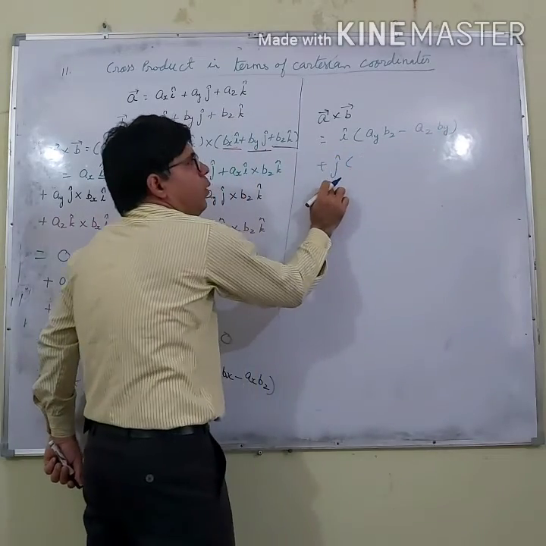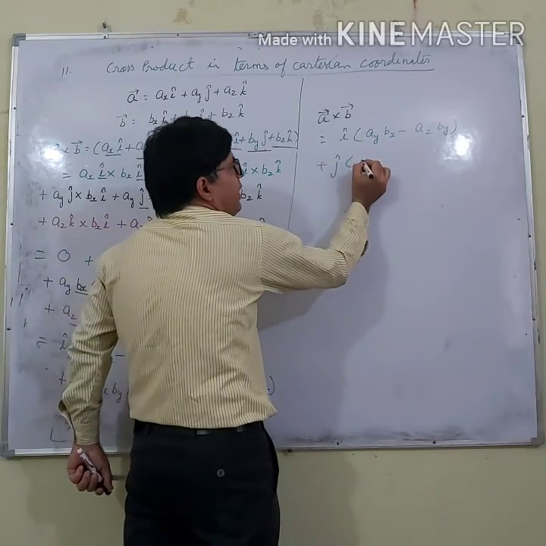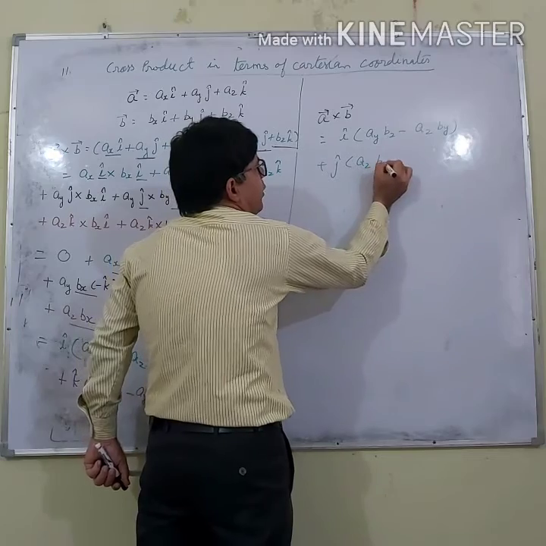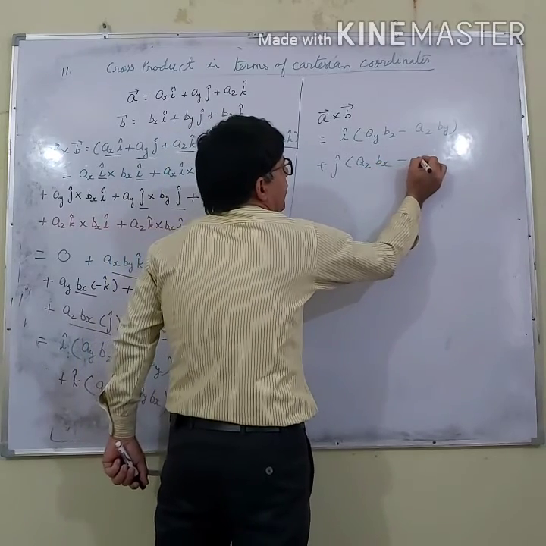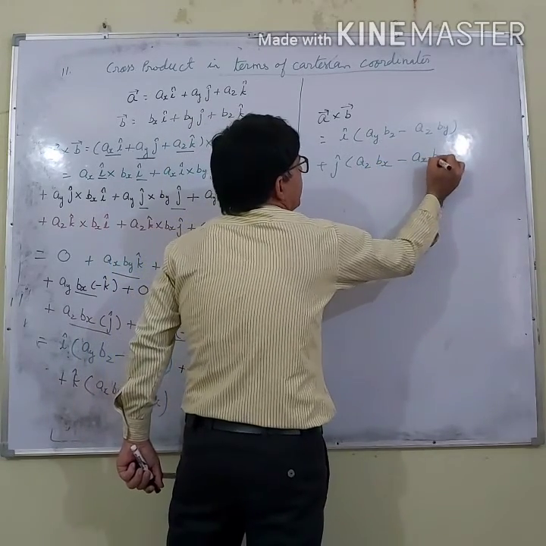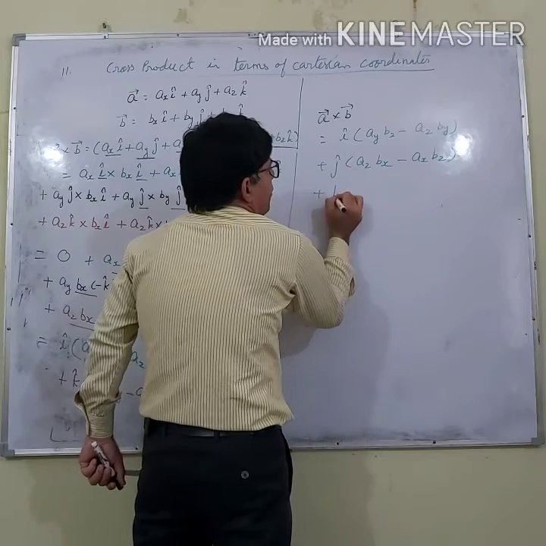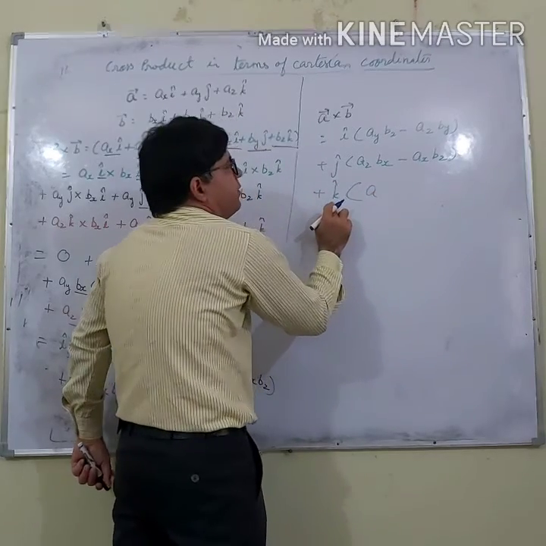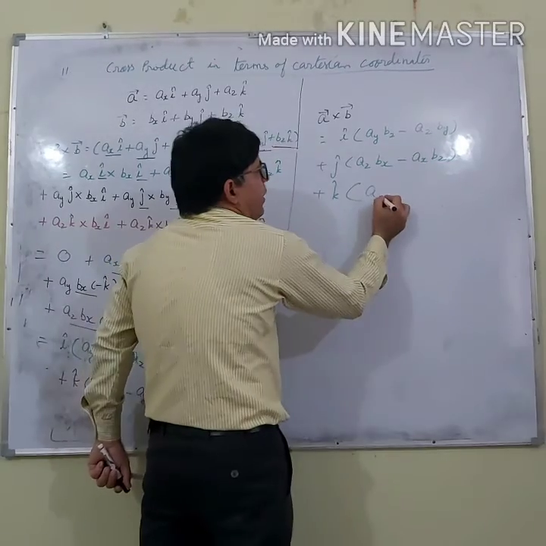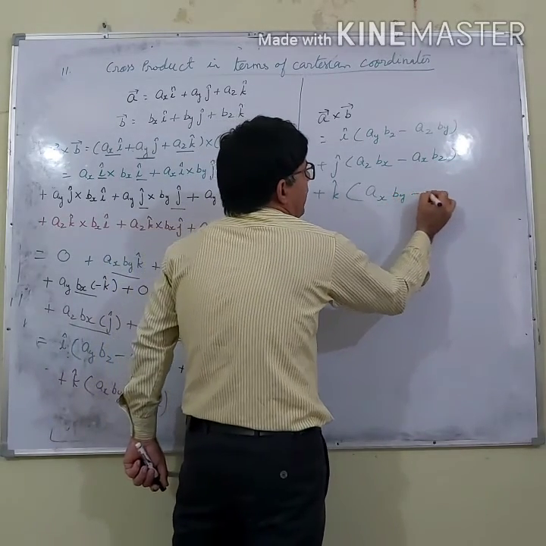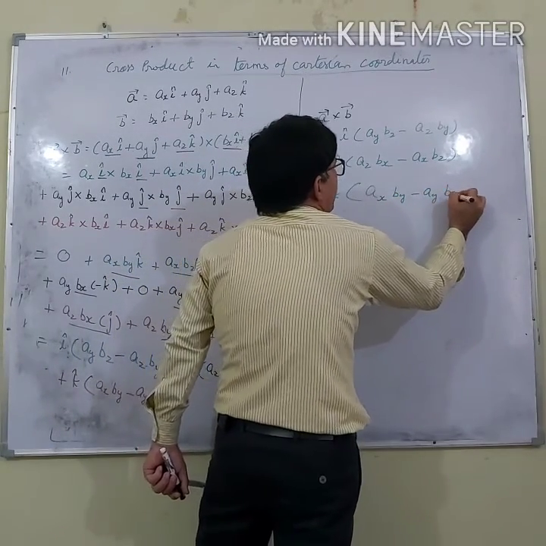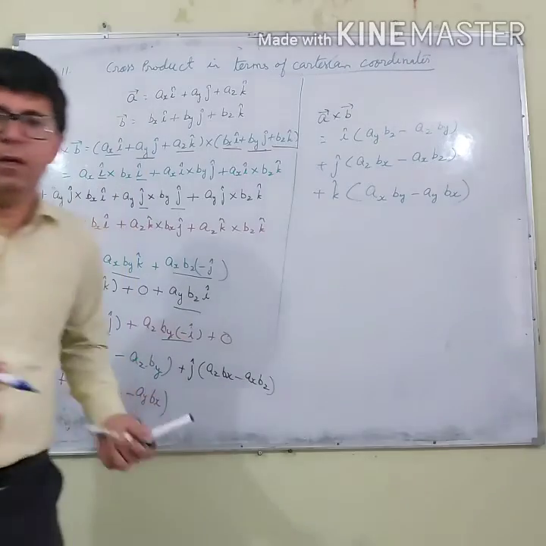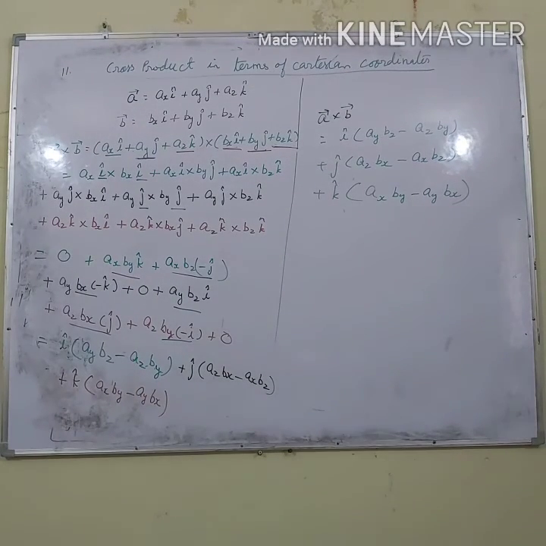Plus j cap along the y-axis, remove the y-axis term: A_z B_x minus A_x B_z. Plus k cap, the z-axis term, remove the z-axis term: A_x B_y minus A_y B_x. So in this way you can remember this, right?